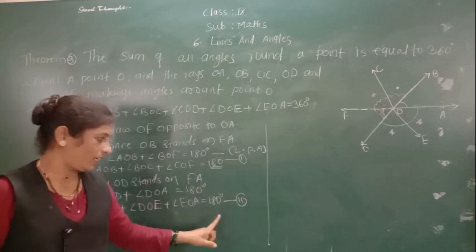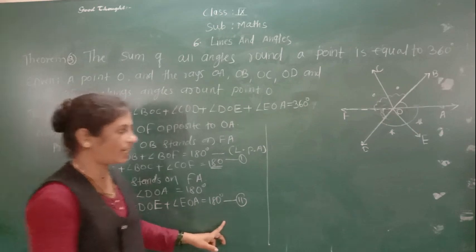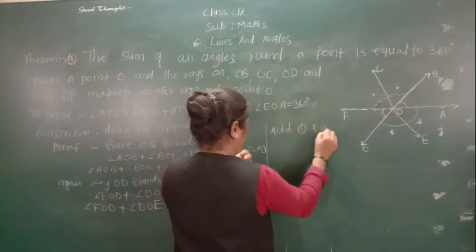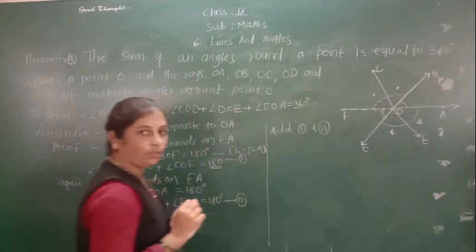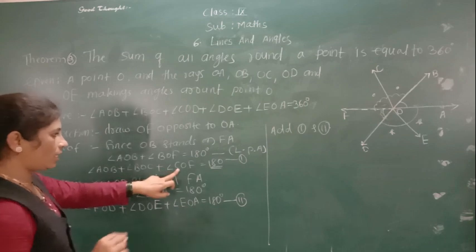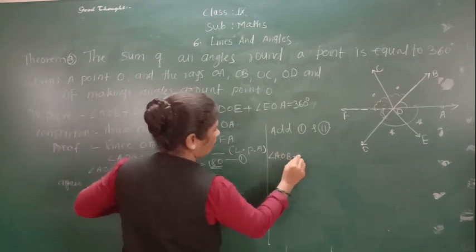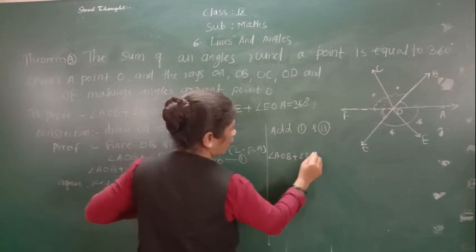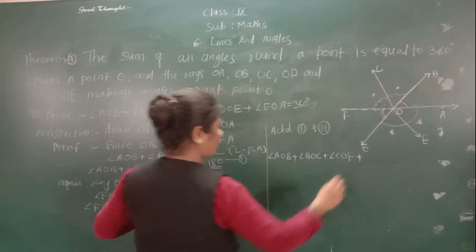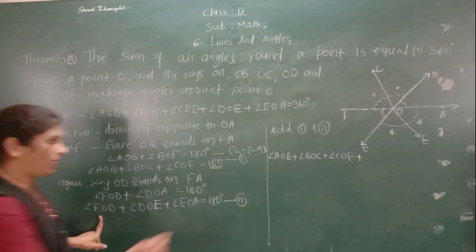So here 180, 180, right side you have got. So we can add these two statements, right? So first what we will write here, add first and second, means right side to right side and left side to left side. Okay, so angle AOB plus angle BOC plus angle COF, plus we have to add left side to left side, right?